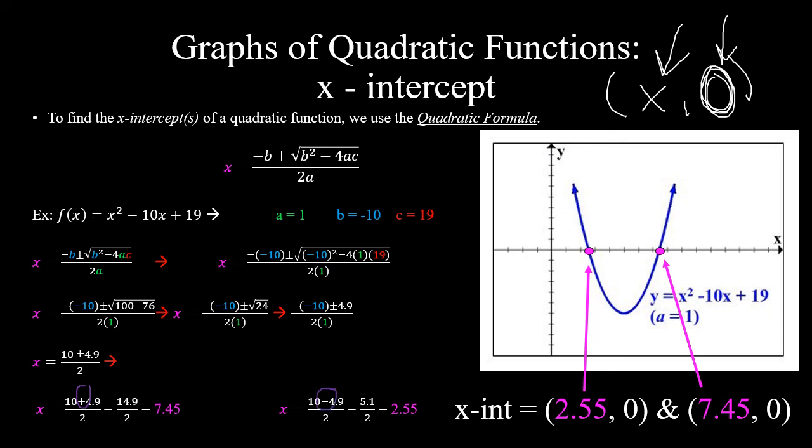You're going to have two different cases here, okay? That's important. So that is how you find the x-intercepts. So again, that a, b, and c, so important, you guys.